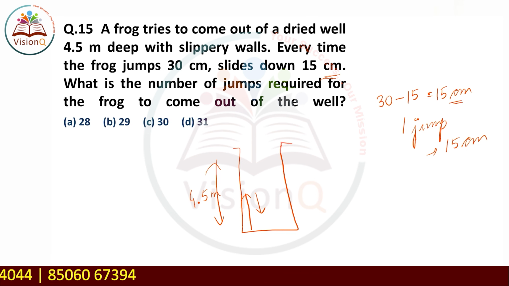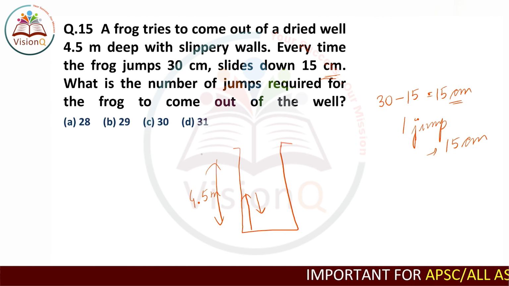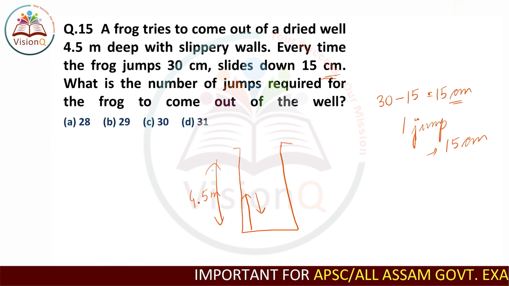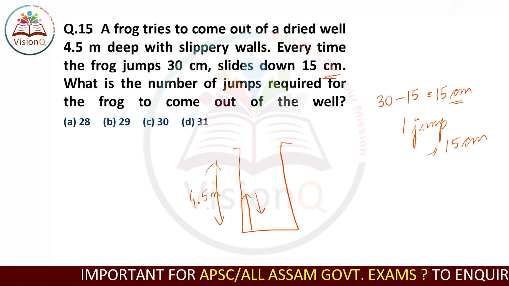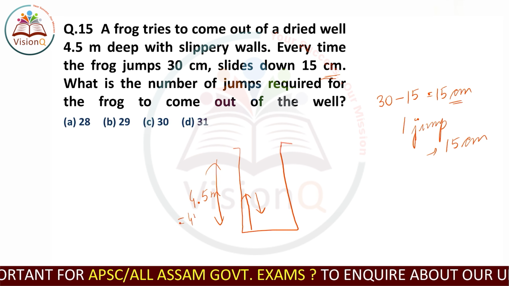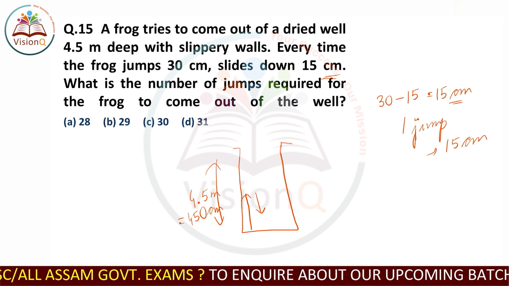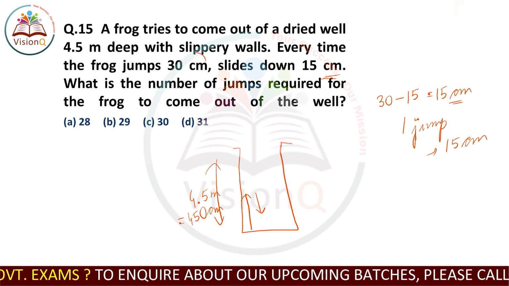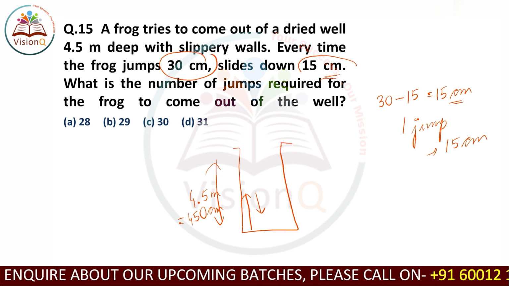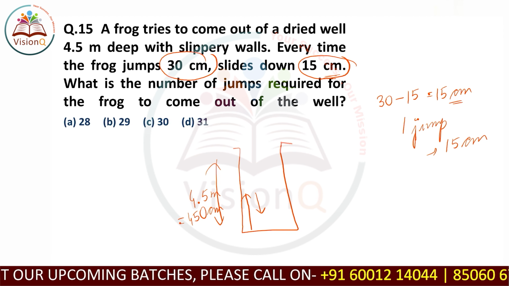Now, the depth of this well is 4.5 meter, that is 450 centimeter. I have converted to centimeter because the other values are given in centimeter, 30 centimeter, 15 centimeter.